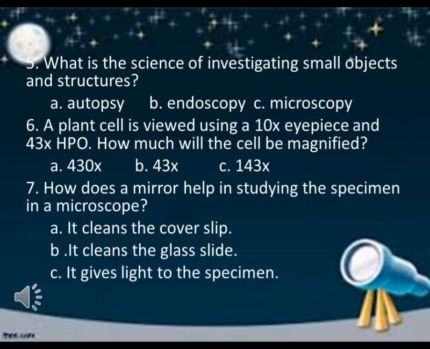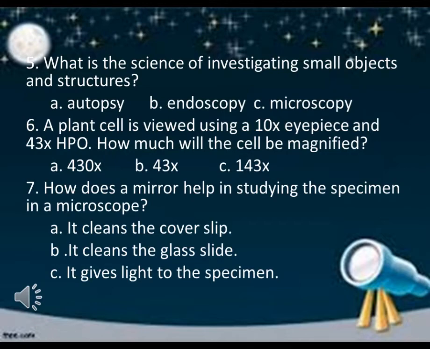Number 5. What is the science of investigating small objects and structures? A. Autopsy. B. Endoscopy. C. Microscopy. 6. A plant cell is viewed using a 10x or 10 times eyepiece and 43x or 43 times HPO, or the high power objective. How much will the cells be magnified?